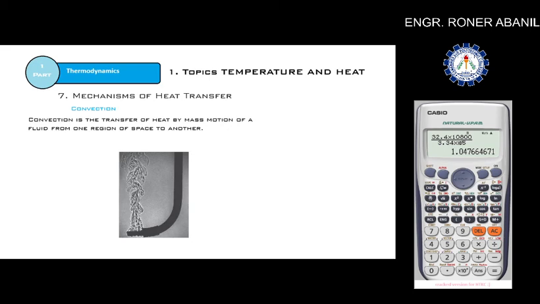Ito din yung makikita nyo dito sa figure na to. Okay? The free convection in the atmosphere plays a dominant role in determining the daily weather. And the convection in the ocean is an important global heat transfer mechanism. On a smaller scale, soaring hawks and glider pilots make use of thermal updrafts from warm earth.